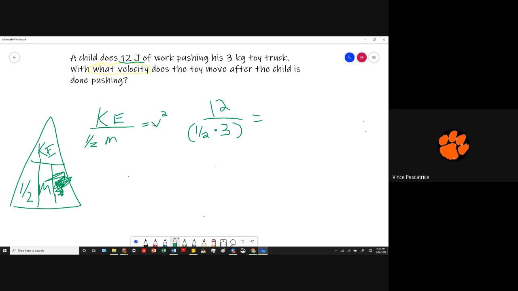All right, so what you're going to do is 12 divided by 0.5, which is 1/2, times 3. So 12 divided by this, and that will give you the answer of 8.